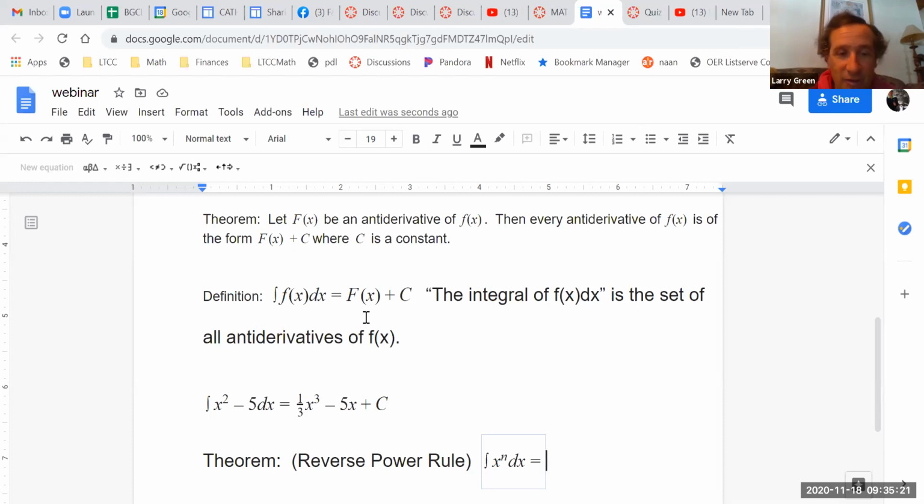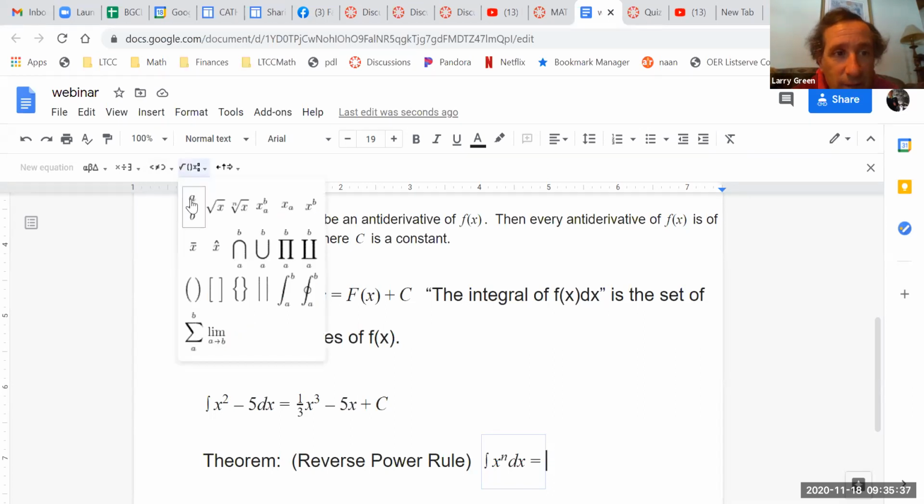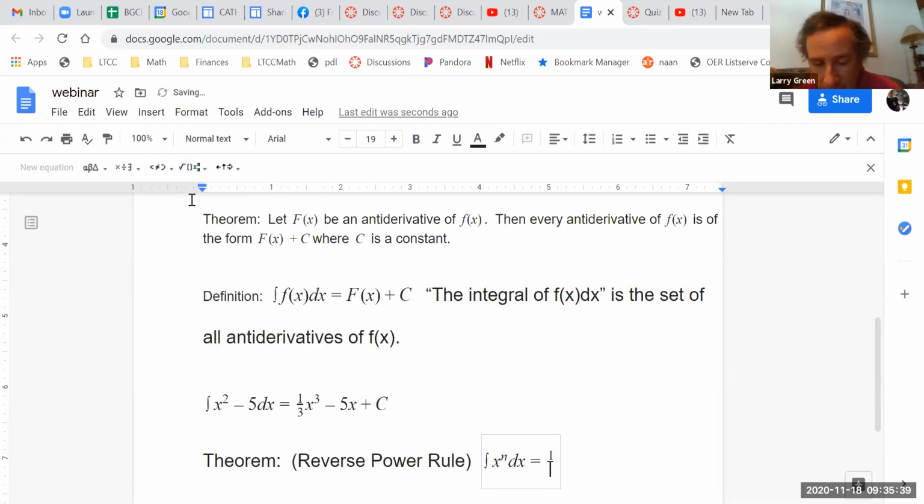If you look at the x squared, that's the hint. It's not quite 1 over n. It's 1 over n plus 1. So it's going to be 1 over n plus 1 times x to the n plus 1, plus c.